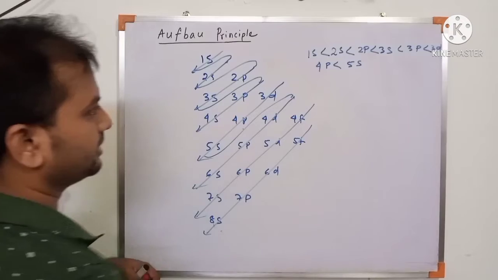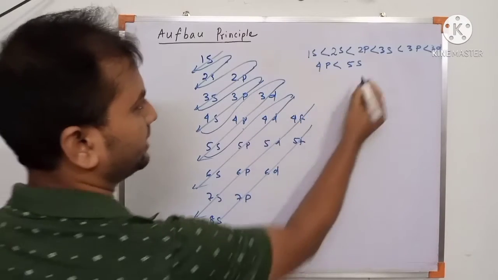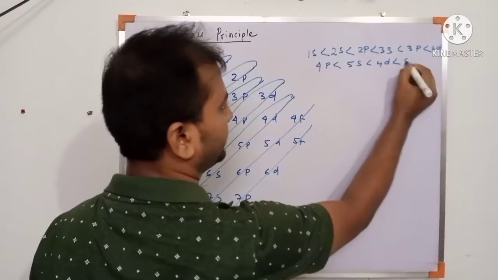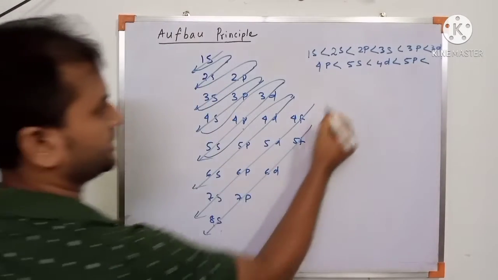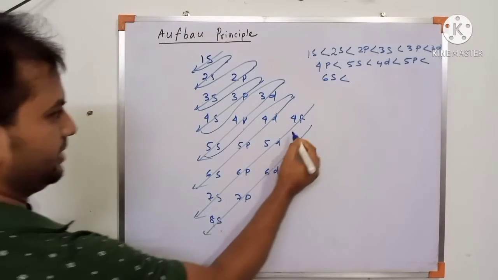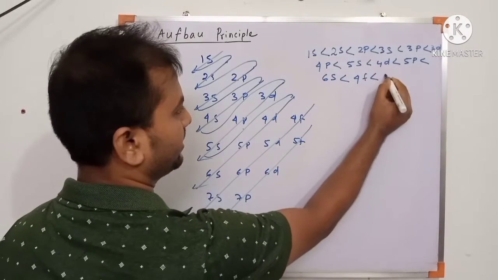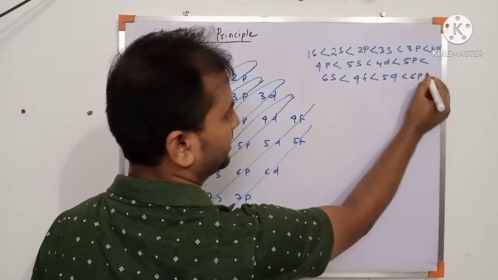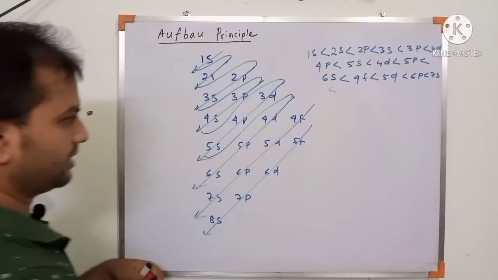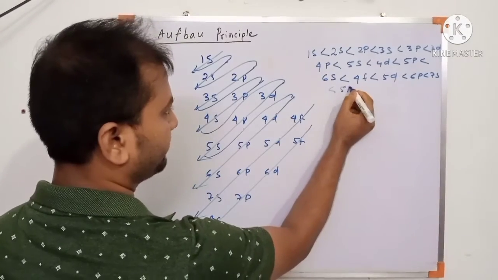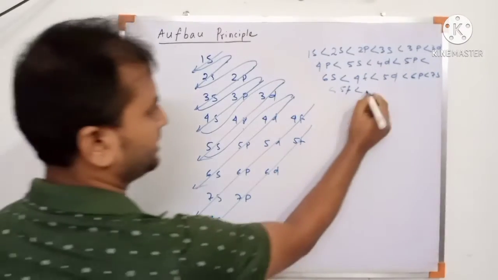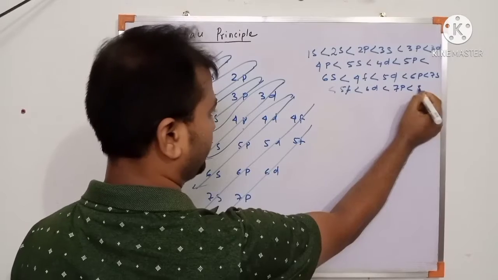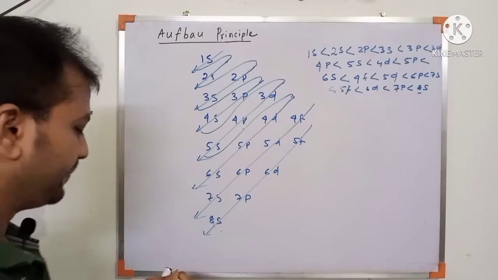Similarly 4d, then 5p, then 6s, then 4f, 5d, 6p, and 7s, then 5f, 6d, 7p, 8s. All of this we know is the n plus l rule, the energy order.